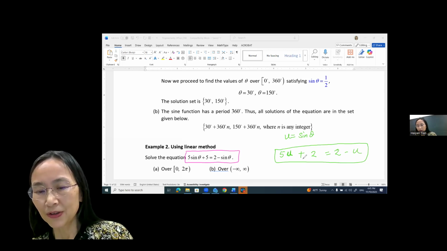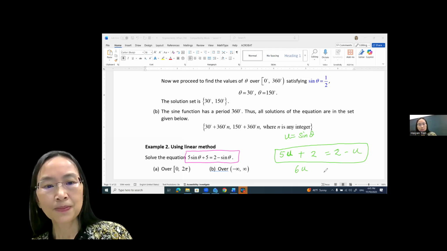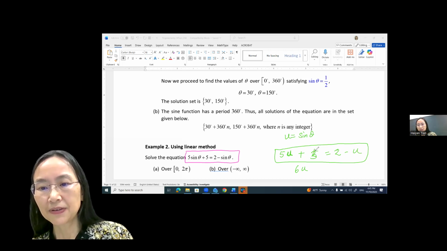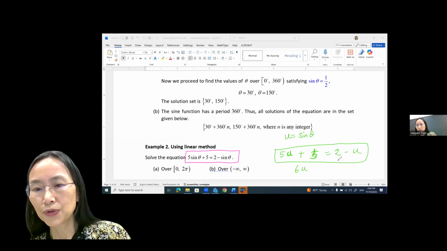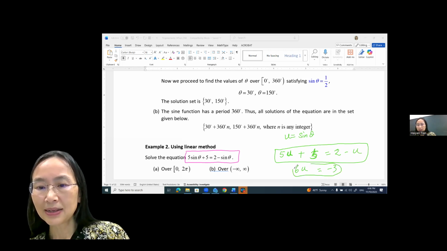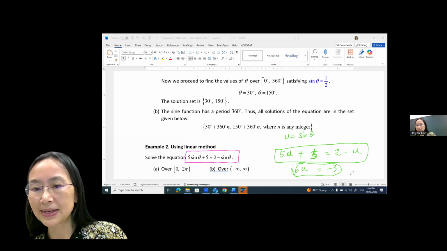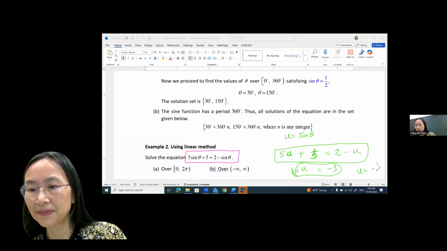You solve this. For example, you add u to both sides, you get 6u; you subtract 5 from both sides, you get negative 3. And this can be solved if you divide by 6, right? So dividing both sides by 6, u is negative half.